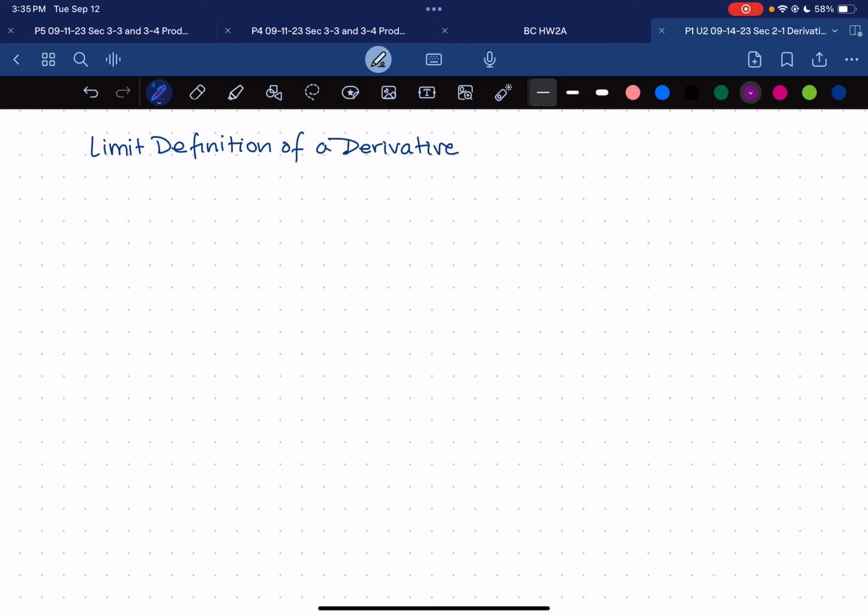We've actually been talking about derivatives this whole time that we've been listening to the video. The derivative is equal to the slope of the tangent line to a curve.